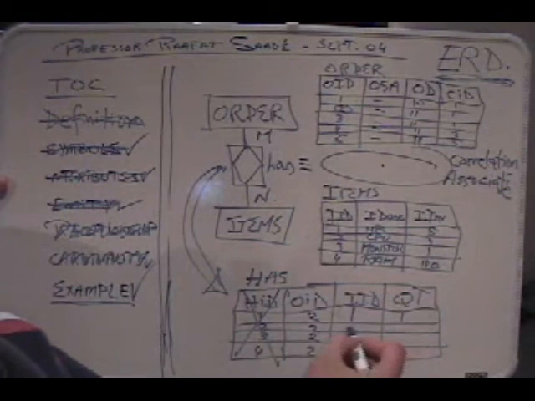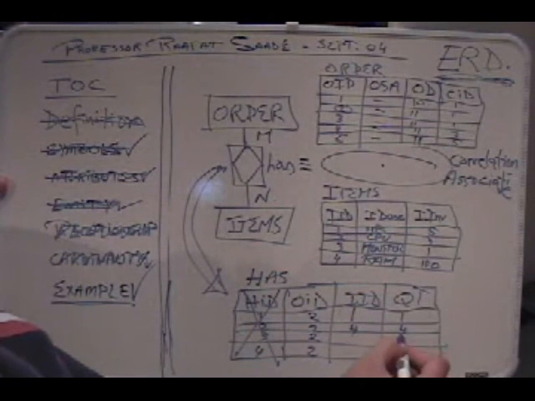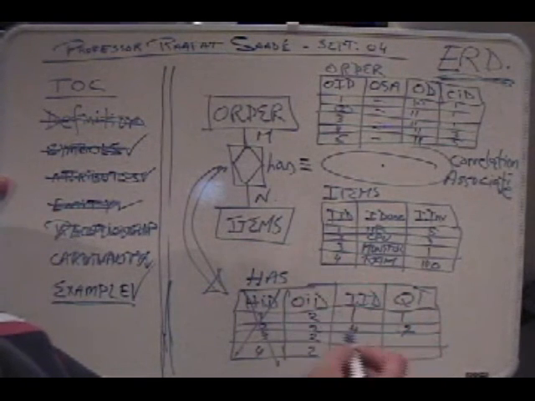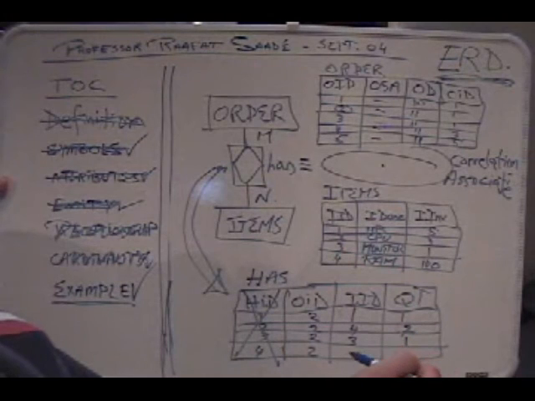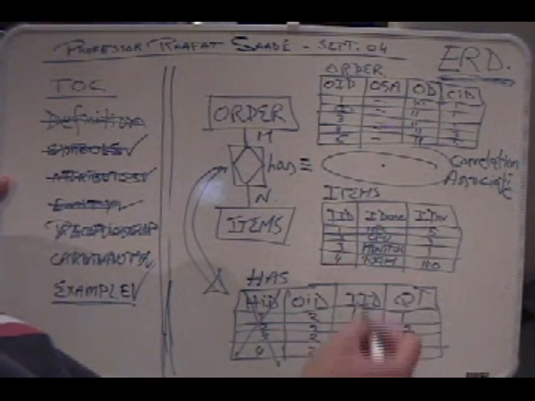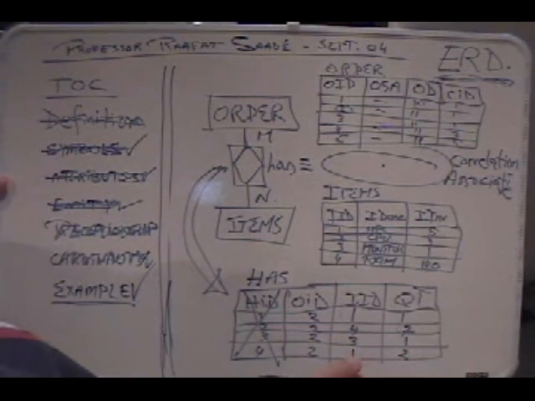We bought RAM, which is 4. We bought 2 pieces of RAM, for argument's sake. We bought item ID 3, 1 monitor. And I bought a dual CPU computer, so CPU is 1 and 2 of them.